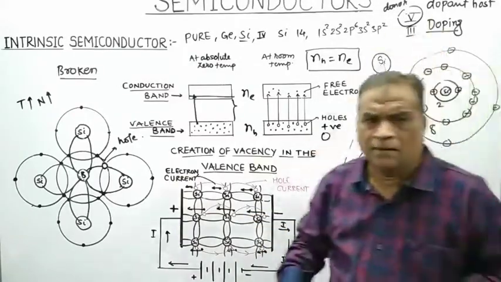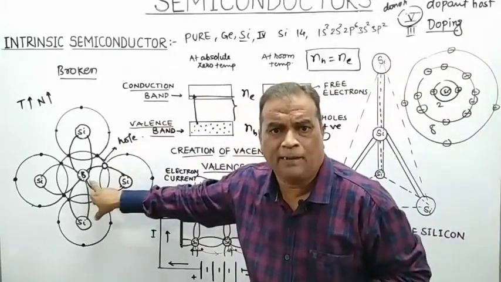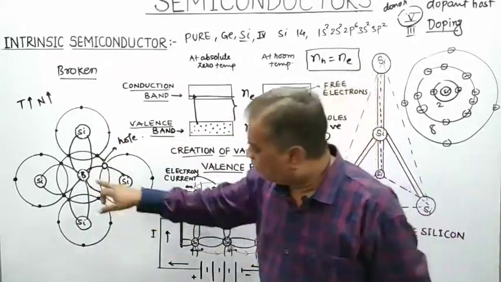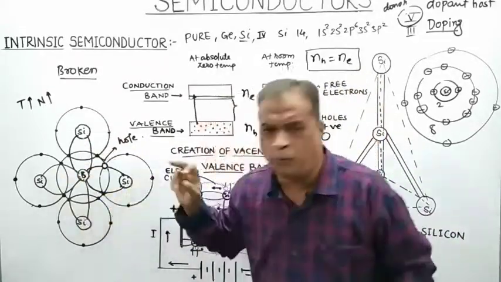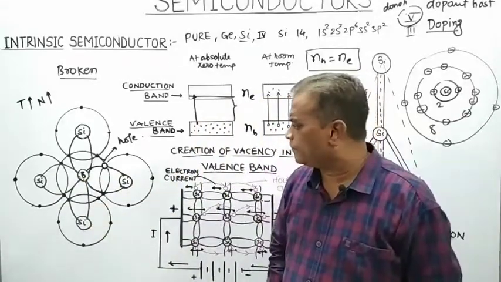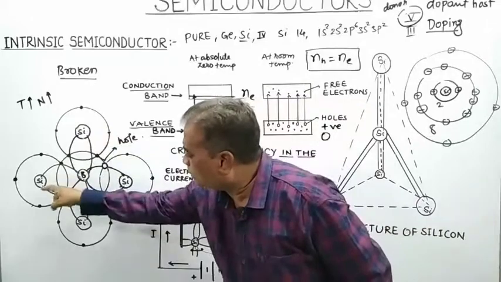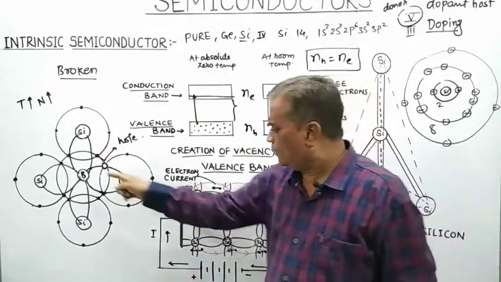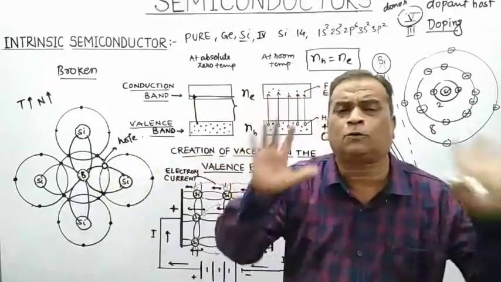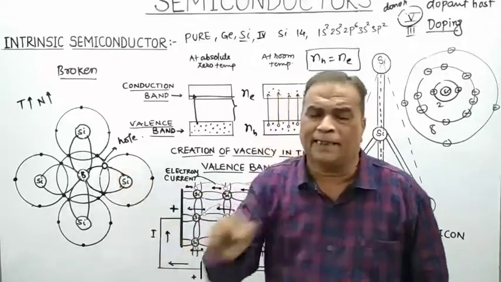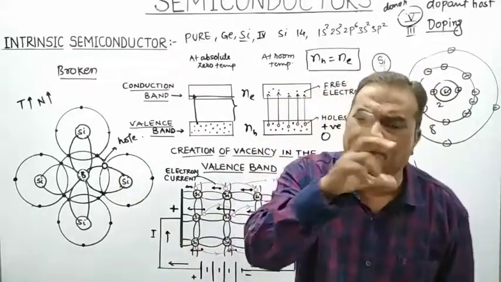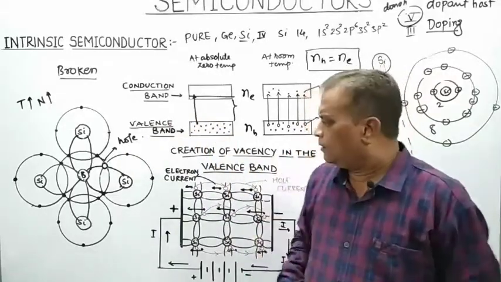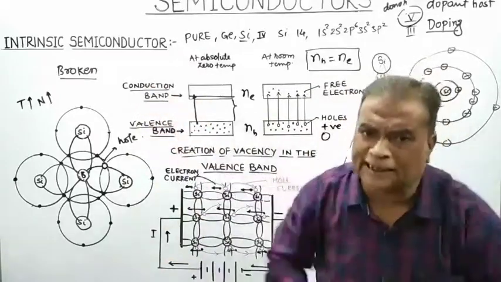So on adding a trivalent impurity like boron, that boron takes the place of one of the silicon atoms, forms 3 strong covalent bonds with 3 neighboring silicon atoms, while in the fourth covalent bond there is a deficiency of electron, meaning there is a presence of a hole. The presence of a hole means it will accept an electron.